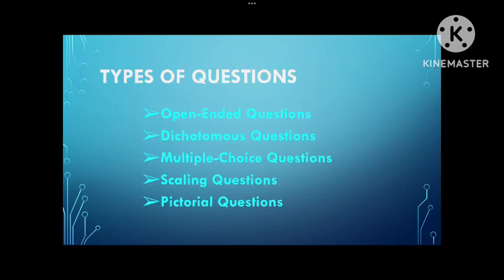Next, let us see types of questions. Some of the widely used types of questions are open ended questions. Open ended questions help collect qualitative data in the questionnaire, where the respondents can answer in a free form with little to no restrictions.